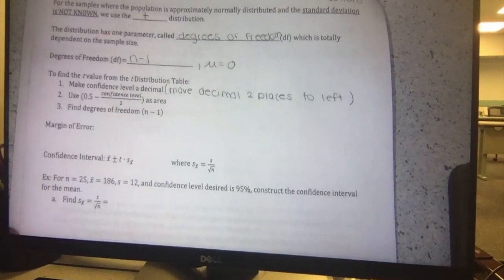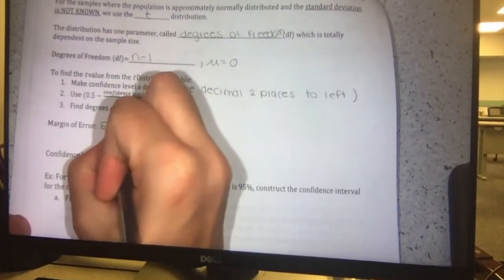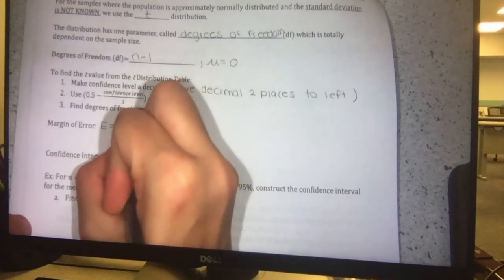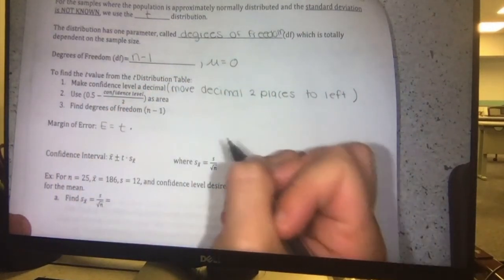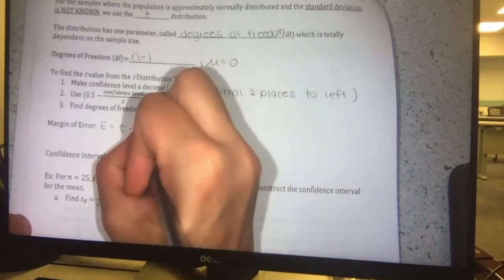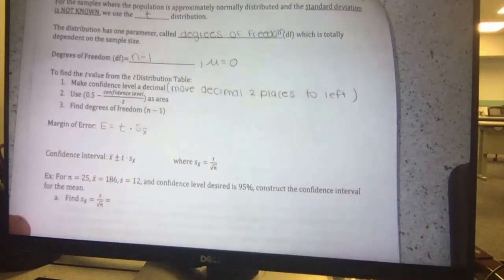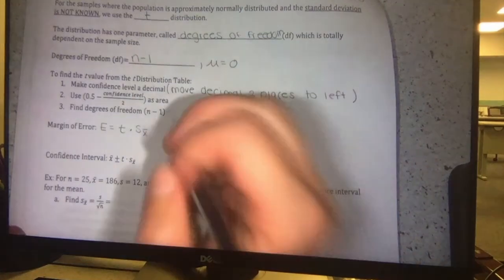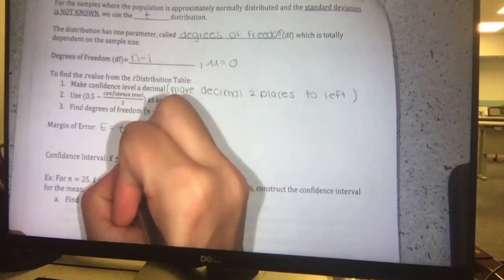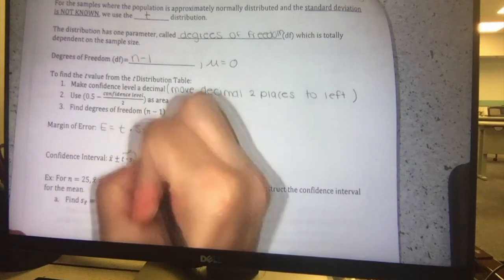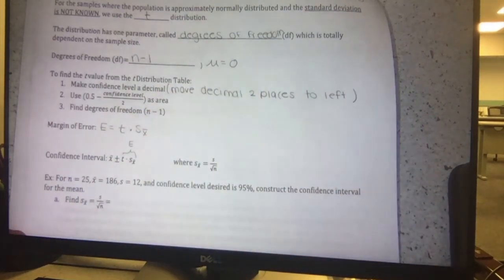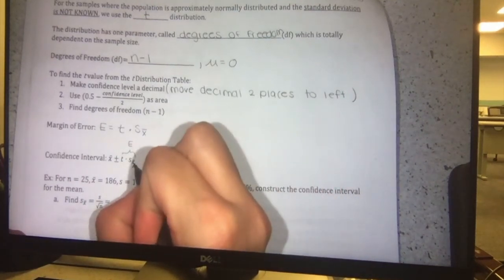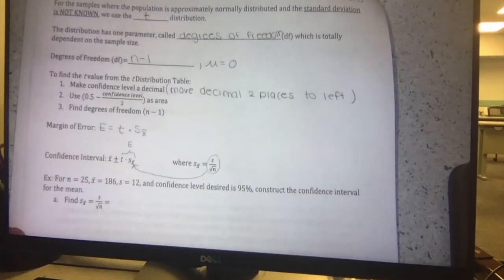This time our margin of error, before, remember, it was z times our standard deviation. Now we don't have z, we have t. This time we don't have a population standard deviation, so we're going to use s sub x bar. So our confidence interval is our x bar plus or minus our error, where our sampling standard deviation is s over the square root of n.